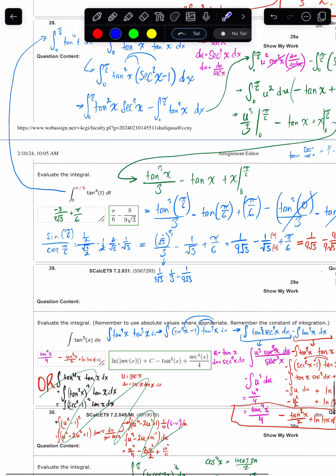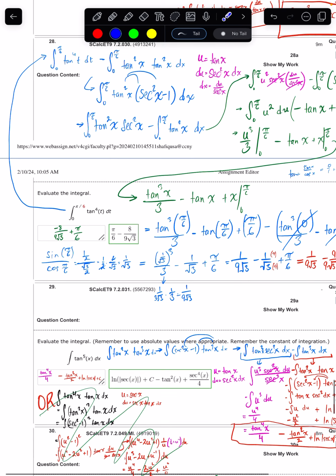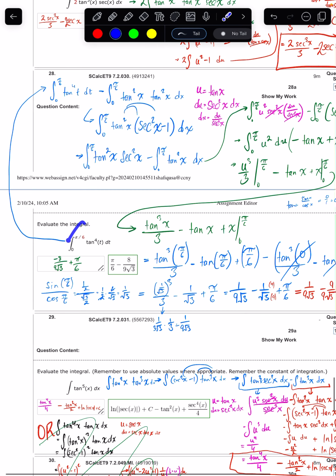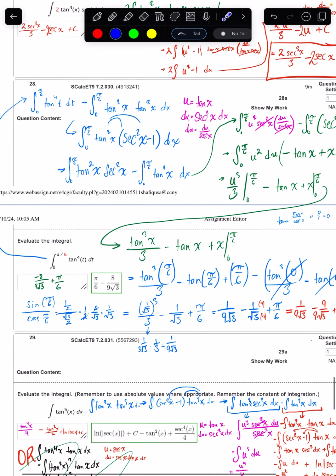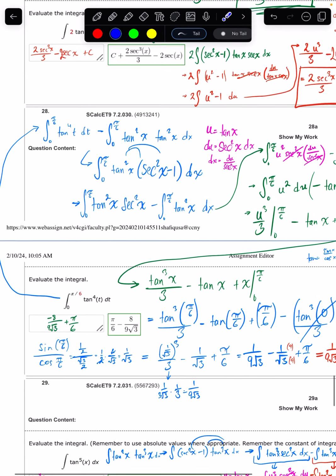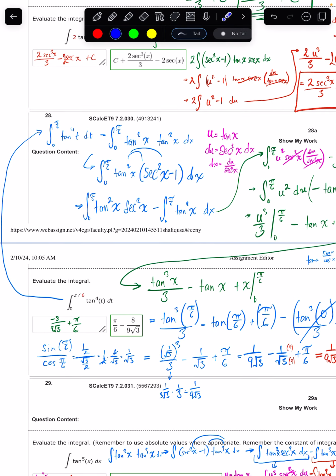28 is tan to the 4th power t, and it's not indefinite. It's kind of annoying.